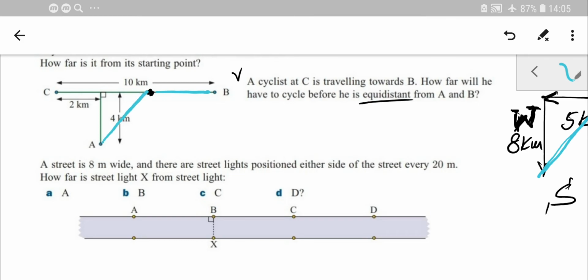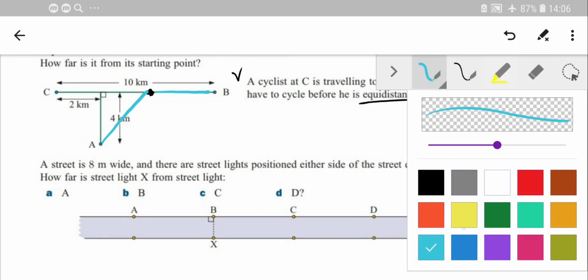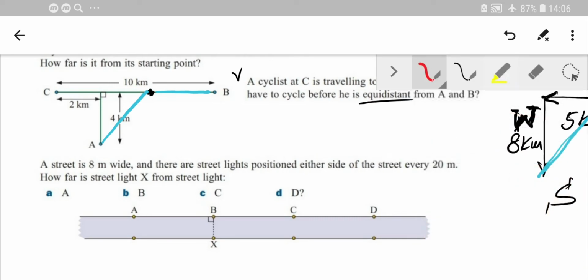Okay, so how far will he have to cycle before he is equidistant? So basically what you need to find, I put as red, is the distance from the initial position to some point. So that distance is what you need to find.